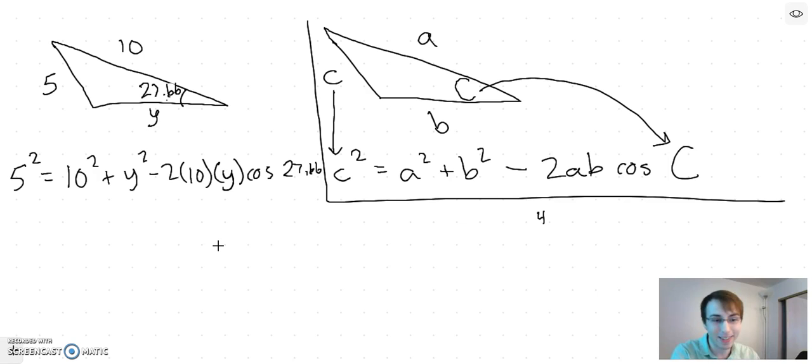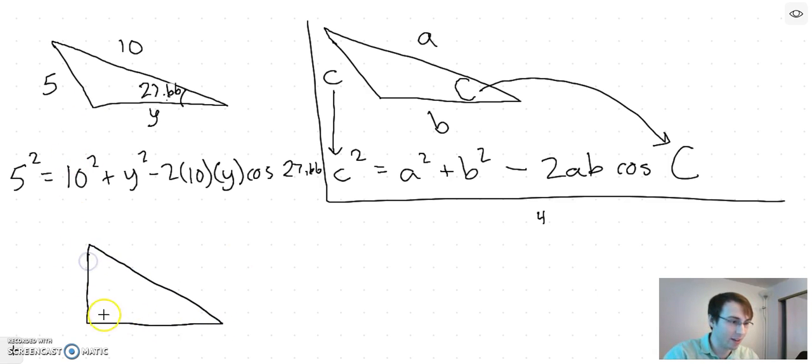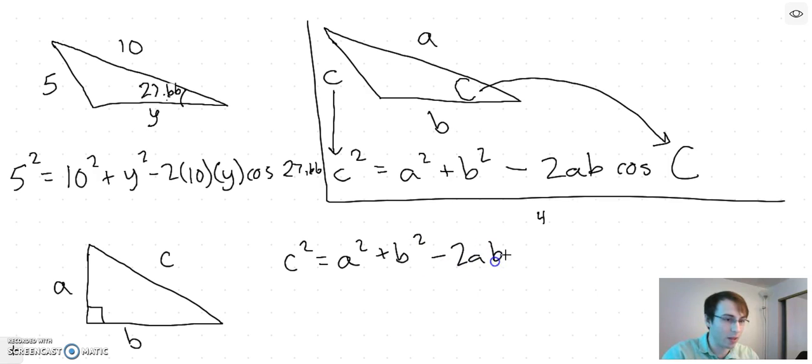Even if you accidentally use it on a right triangle, that's okay. In the case of a right triangle, if this is a, b, c, then c squared equals a squared plus b squared minus 2ab cos of, now this is 90 degrees.